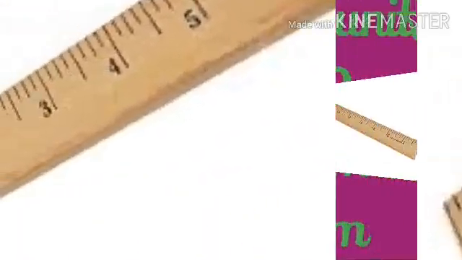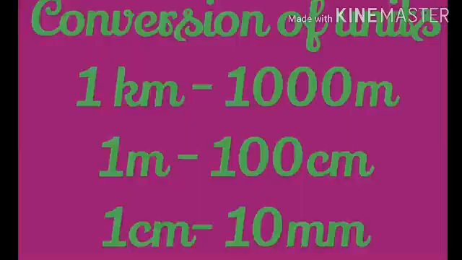The distance between 1 and 2 denotes a centimeter. It is written as cm. Okay, and then in between 1 and 2 there are smaller markings.